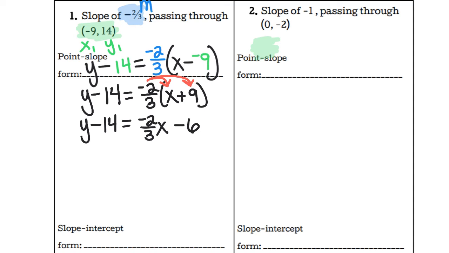Okay, one more step to get our slope-intercept form. Remember, for slope-intercept, we want to get y by itself. So I am going to go ahead and add 14 onto both sides here. So my final equation in slope-intercept form is going to be y equals negative 2/3 x plus 8.